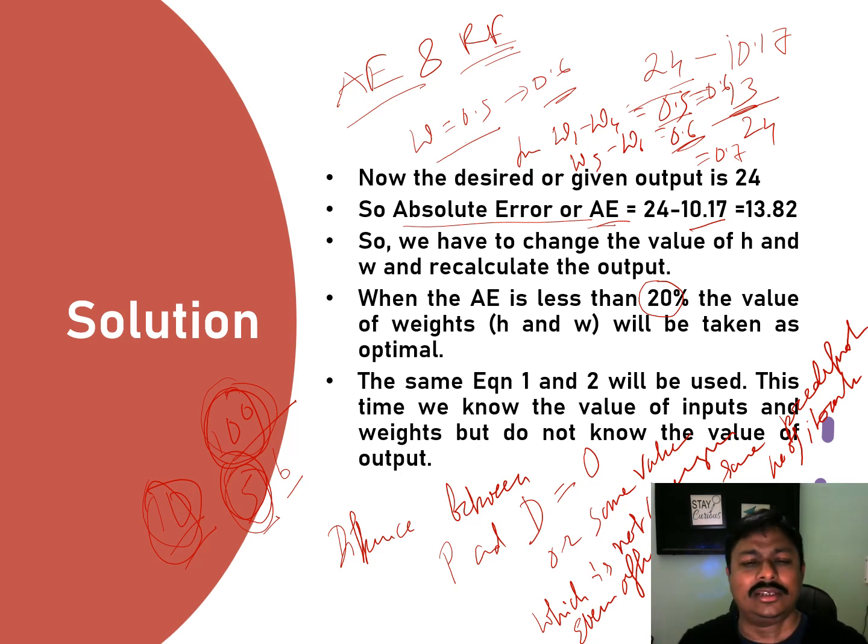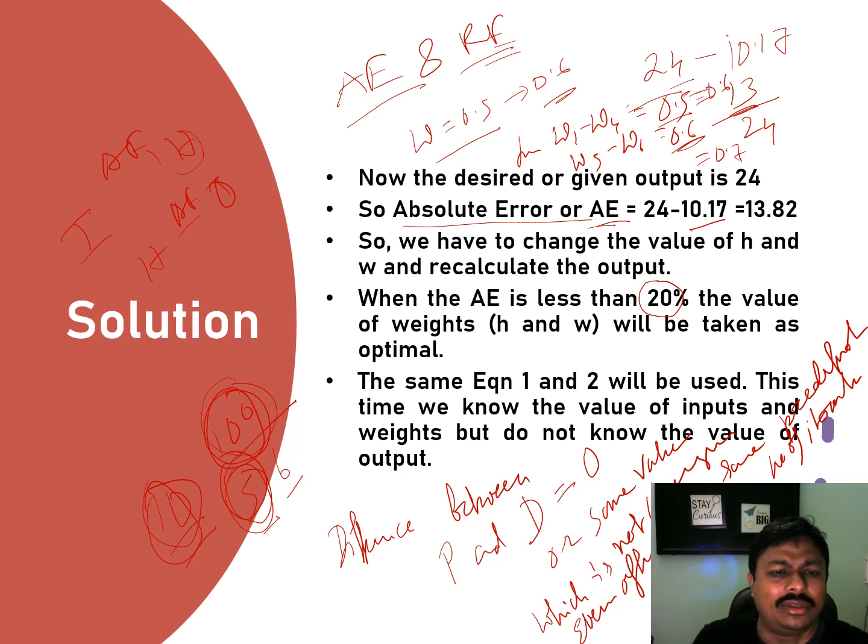Okay, and in case of activation function, you see input to hidden 1 is there, hidden to output is there. Two activation functions are there if there is only 1 hidden layer. If there are multiple, then multiple activation layers will be there. So this thing is also required to be iterated. That means change it and see the difference, or this difference is also known as the fitness function.